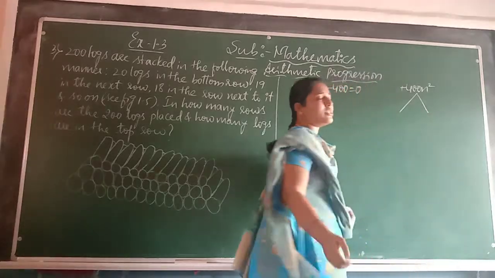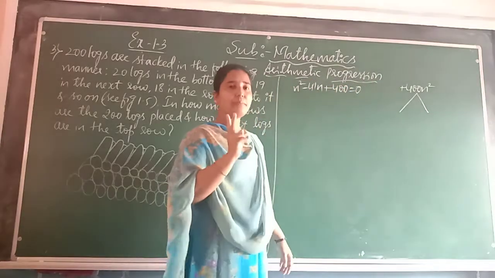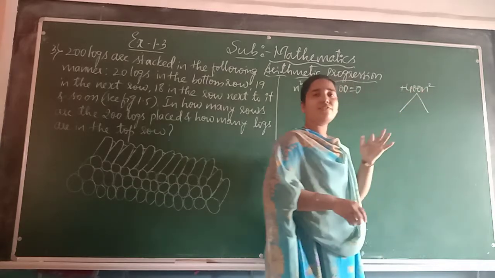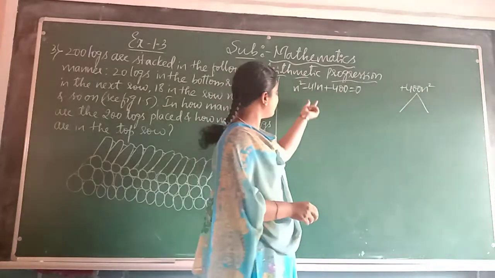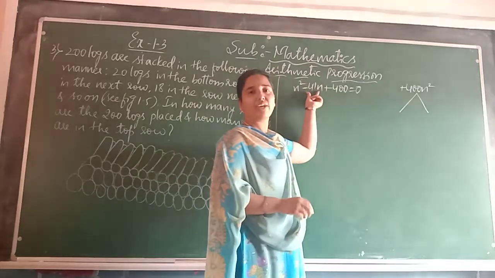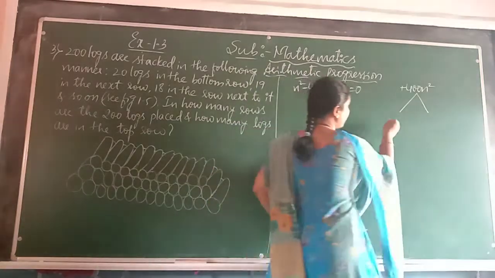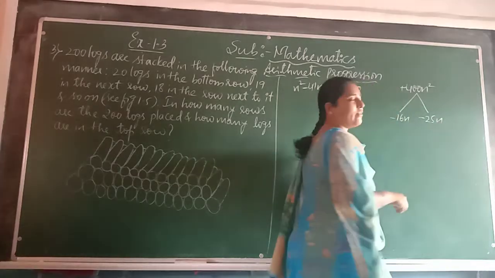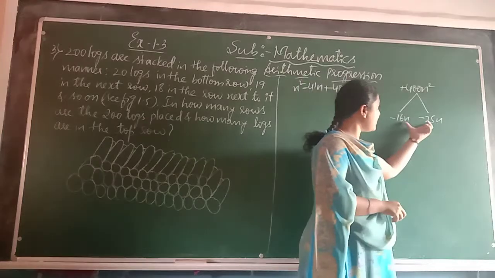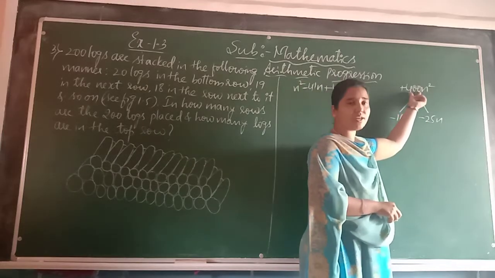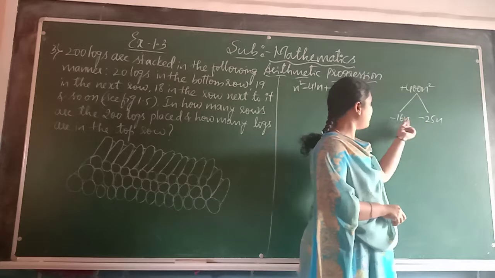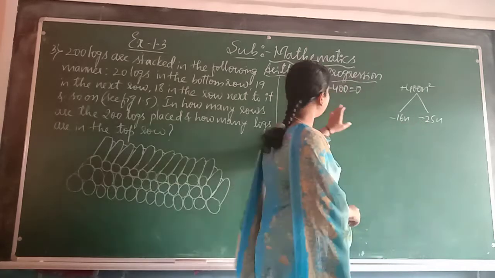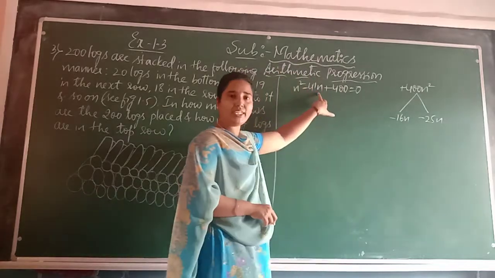Now we have to select two factors. If we multiply those two factors, we will get 400n square, and if we add or subtract those two factors, we will get minus 41n. That type of numbers will be minus 16n and minus 25n. If we multiply these two factors, we will get plus 400n square, and if we add, because both are having minus sign, we will get minus 41n.